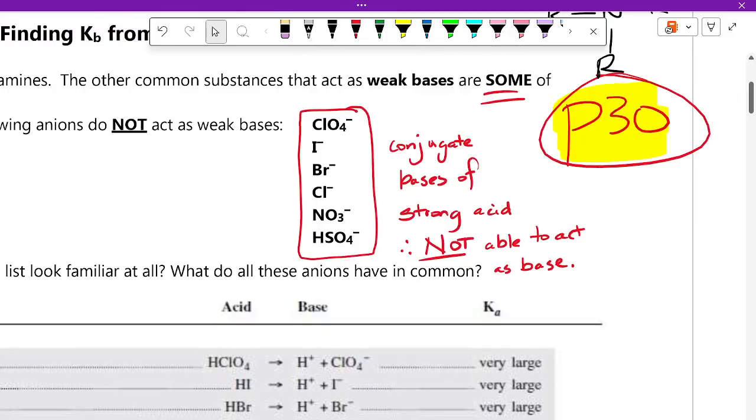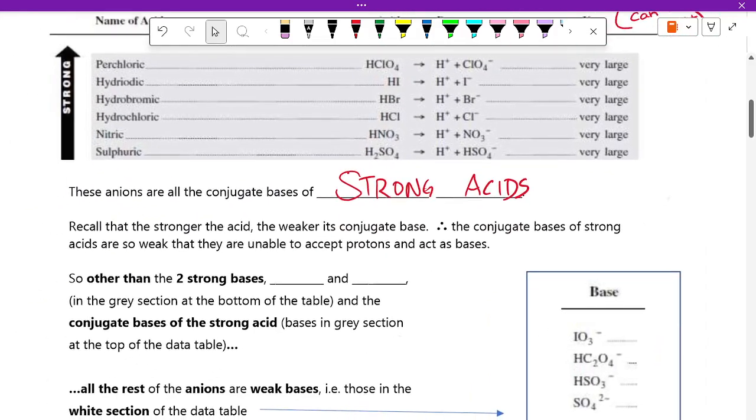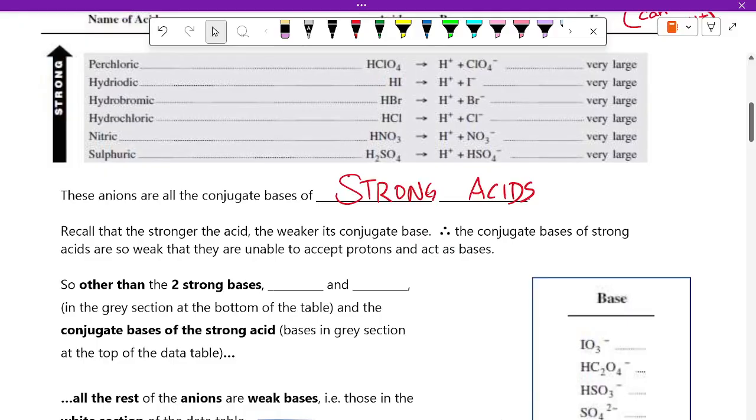Okay? And down here, we can write that in. They're all the conjugate bases of strong acids. And the stronger the acid, the weaker its conjugate base. So, therefore, the conjugate bases of strong acids are so weak they are unable to accept protons and act as bases.